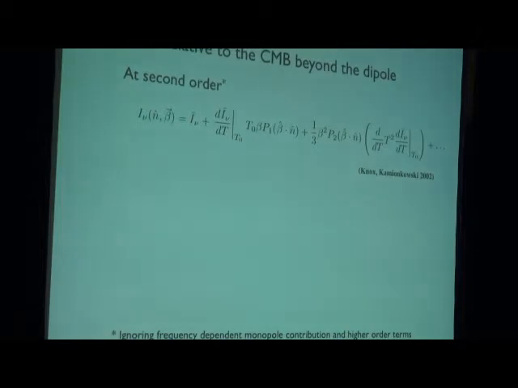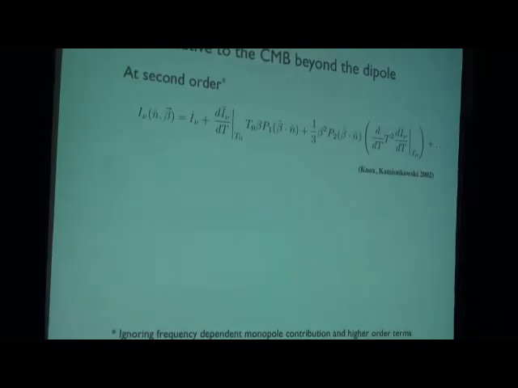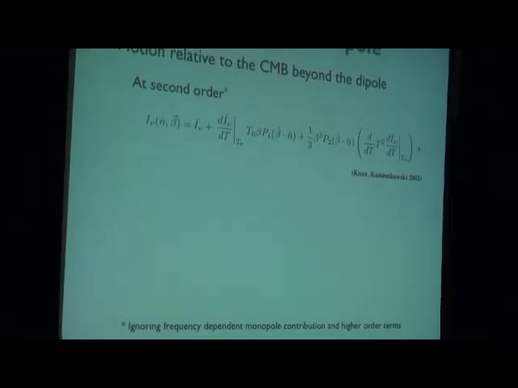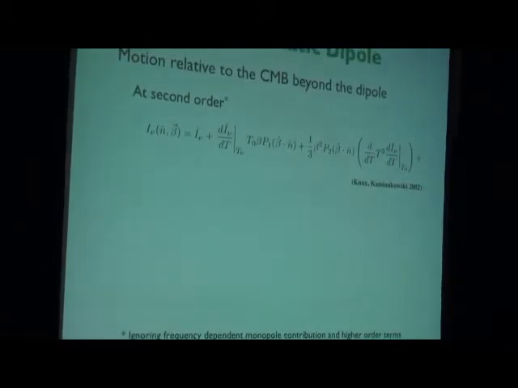The next one we can work out is the kinematic quadrupole. So there's also a quadrupole contribution. And here it's now becoming relevant that we're not measuring the temperature directly, but the intensity, because it has a different frequency dependence. So the kinematic quadrupole that you see should have a different frequency dependence.